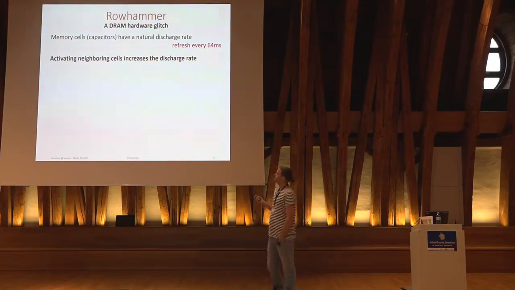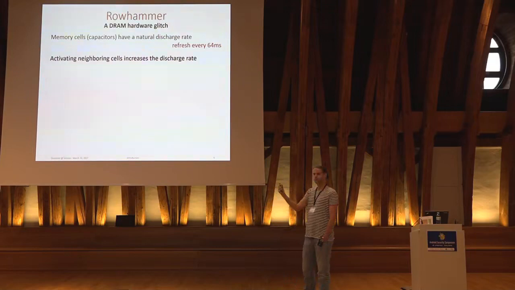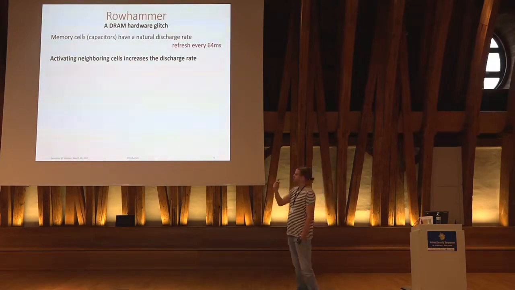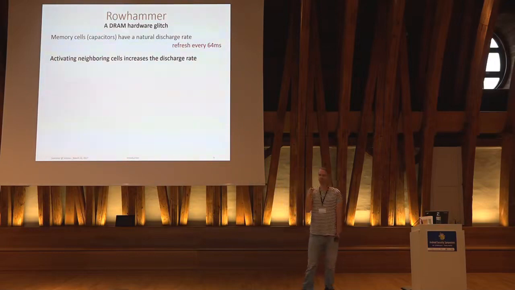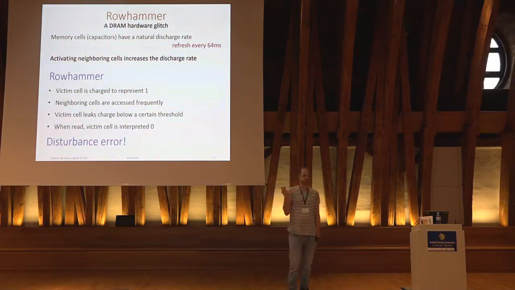Now, people found that for some reason, if you have a memory cell, and if you're accessing memory cells that are very close to that one very frequently, then the neighboring cell is discharging faster than it should. And you can use this to trigger the Rowhammer vulnerability. So let's say we have a cell that's charged, and it represents a one bit.